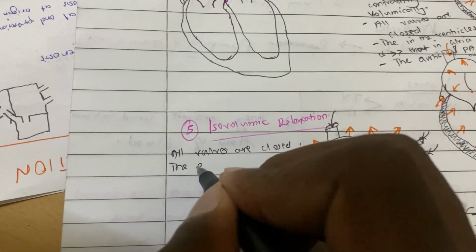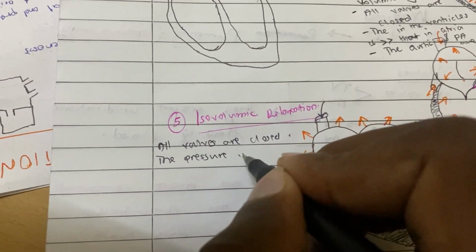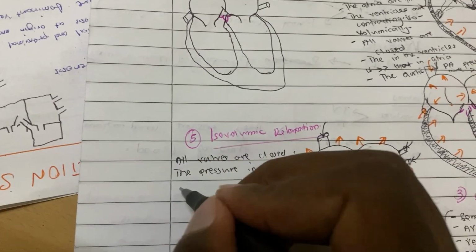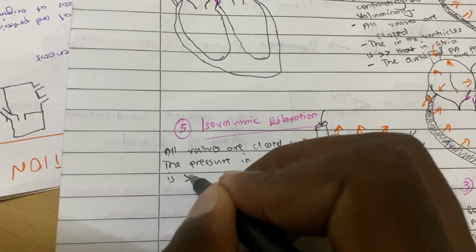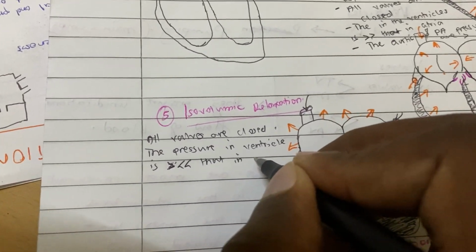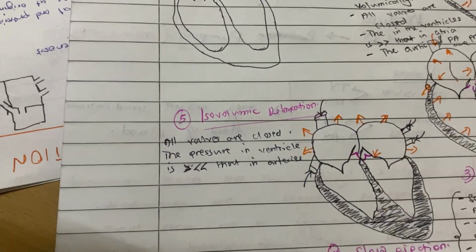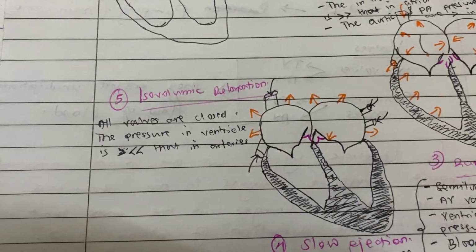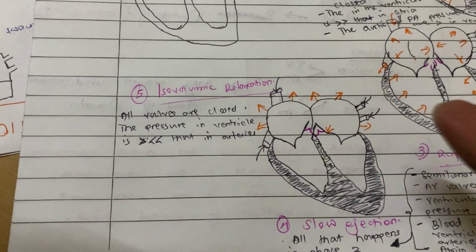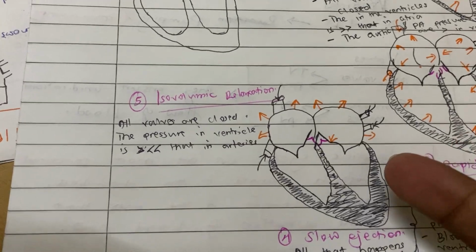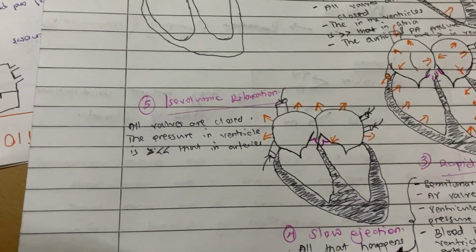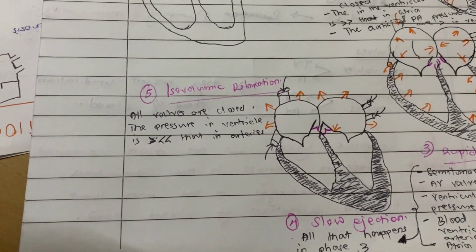The pressure in ventricles is less than that in arteries. Why did the valves close? Because the pressure in the arteries, that is aorta and pulmonary artery, became more than that in the ventricle, which forced the aortic valve and pulmonary valve to close. And when they close, no more ejection. Simple.